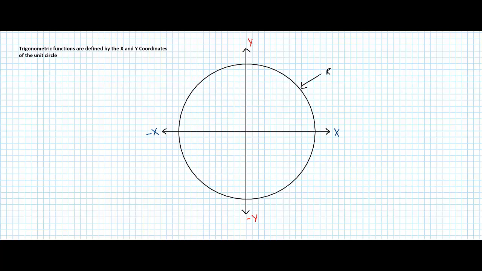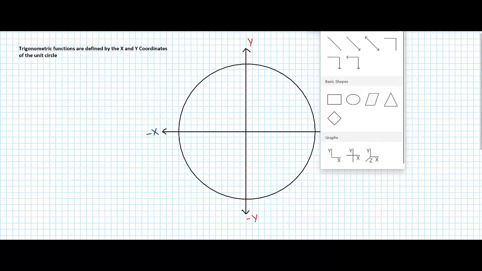Okay. R equals 1 means radius 1. So the length of any line drawn from the origin to the arc of this circle has a length of 1. Okay, that's just how the definition is. So unit circle is a circle with radius 1.